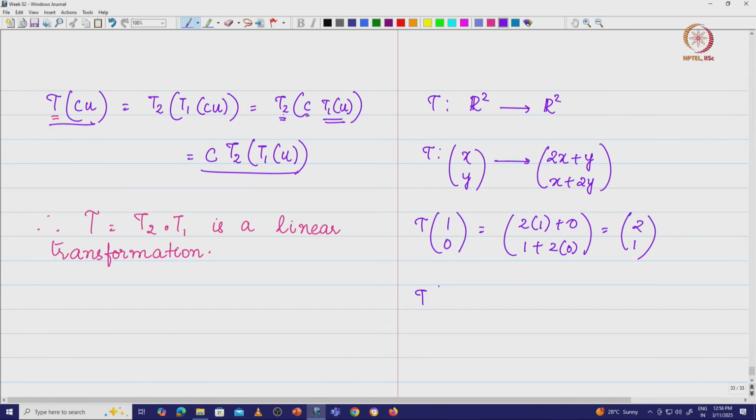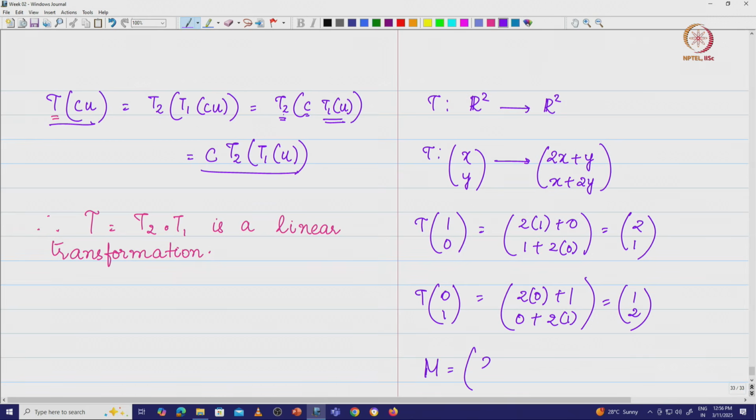And T of (0, 1), the standard basis in R2, we have (2 into 0 plus 1, 0 plus 2 into 1). So, I am going to have (1, 2). So, the matrix associated with this transformation is [2 1; 1 2].